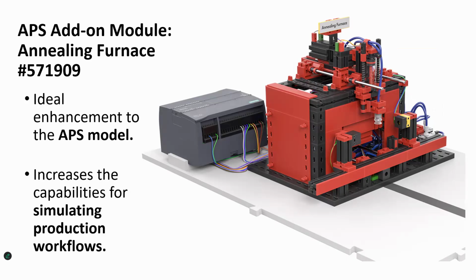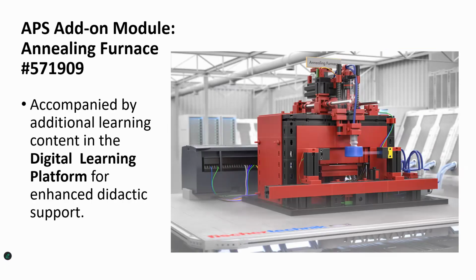The additional annealing furnace production module unlocks more learning content in the digital learning platform. Both theory modules and additional tasks in the Agile Production Learning module are made available. These cover topics such as introducing new derivatives into production and expanding existing production configurations with an additional process.